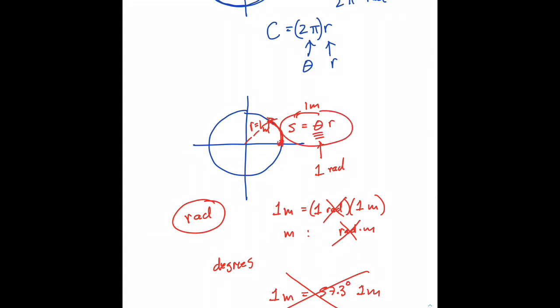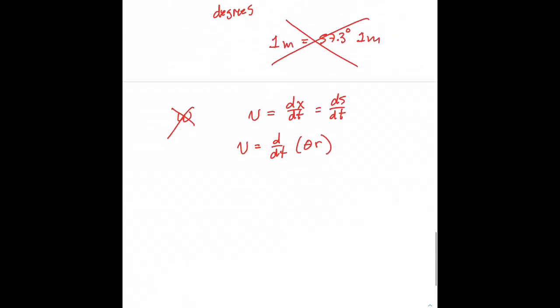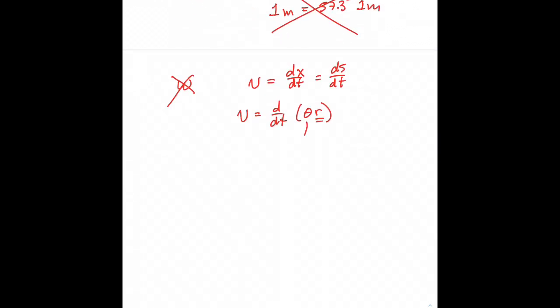No matter where the object is located, if the path really is circular, there's no change in the value of r, there's just an increase in the value of theta as the object moves farther around the circle. So r is a constant, theta is a variable, so we can say that v equals r times d theta/dt, but that's omega. Omega is d theta/dt. So the speed in meters per second for an object that moves along a circle can be found by multiplying the radius of the circle times the angular speed measured in radians per second.